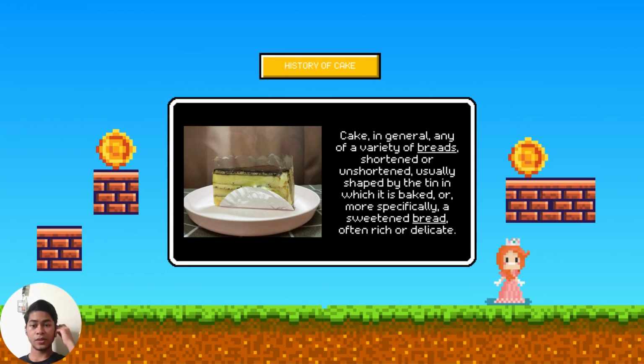Okay, let me tell you the history of cake. Cake, in general, is any of a variety of breads, shortened or unshortened, usually shaped by the tin in which it is baked, or more specifically, a sweetened bread, often rich or delicate.